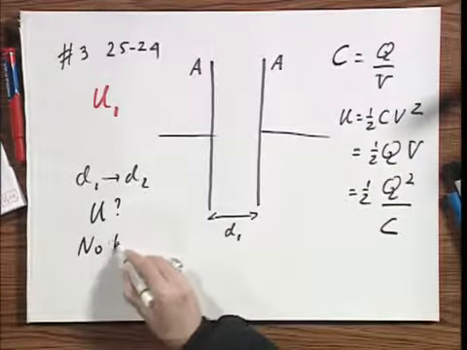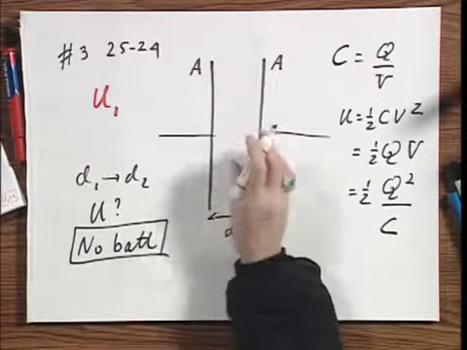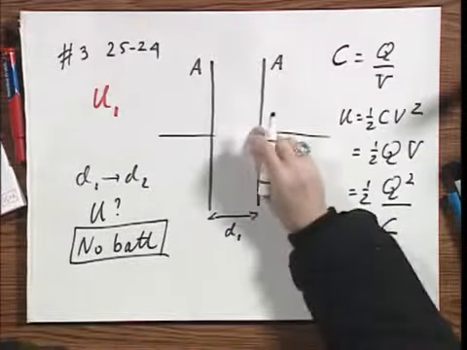And it is essential that you realize as we squeeze this together, there is no battery. Well, if there is no battery, there is only one thing that cannot change, and that is the charge on the capacitor. No way. That charge is captured, so to speak, on the plates, so no matter how you move it, that cannot change.